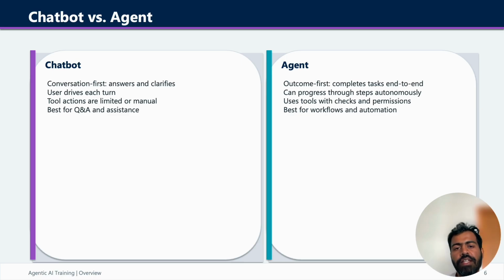A chatbot can suggest options and explain trade-offs. An agent can search inventory, compare constraints, ask for preferences, reserve with approval, and send confirmation. So, the difference is in the operating model: tool use, iteration, autonomy, and guardrails.